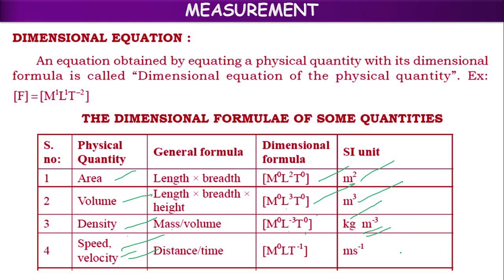So M0 L1 T minus 1. Sometimes there is no need to represent 1, but if there is nothing, we have to represent it as 1. The SI unit is m s to the power of minus 1. So these are the dimensional formulae of some quantities, children, and their respective SI units and general formulas.